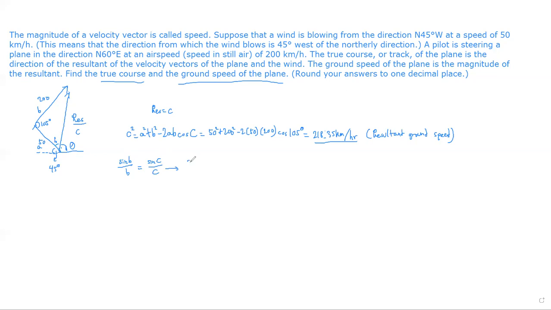So sine B over 200 is equal to sine 105 degrees over 218.35, because that was the value of C right here.